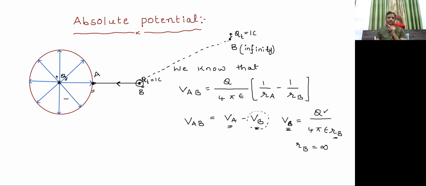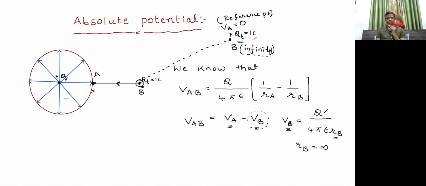Now what we have to do is move this point from the location RB to a location where the potential is 0, and this is a point at infinite, where the potential is taken as 0. We call it the reference point. Now the test charge Qt, which is equal to 1 coulomb, is here.